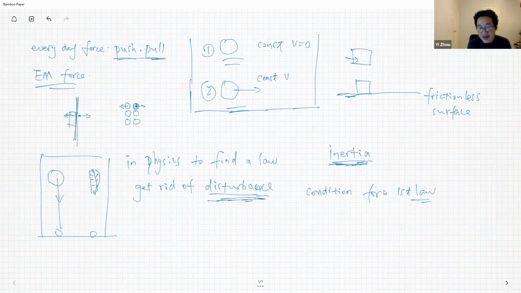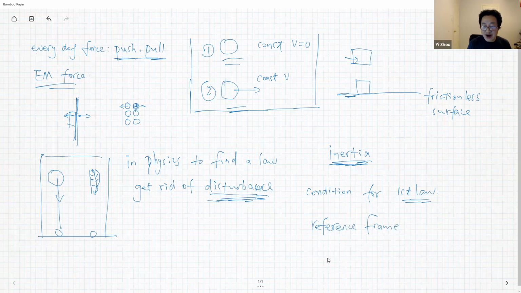No, because friction or force is originally talked about when no force is acting on this object, right? It keeps its original status. So the condition is about the reference frame.